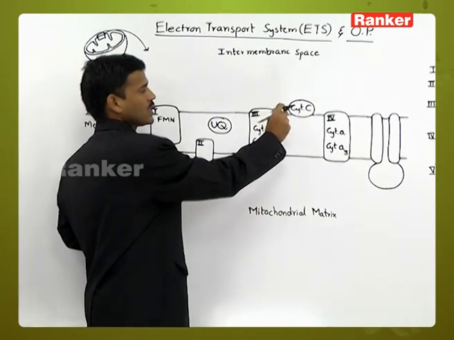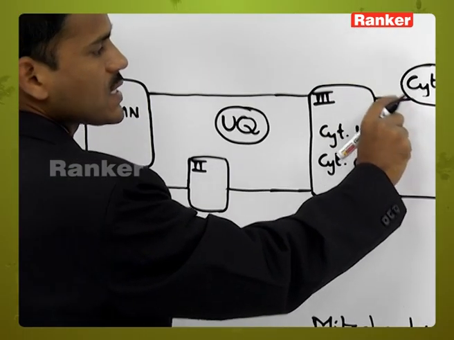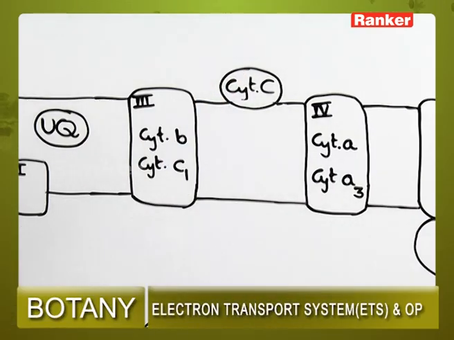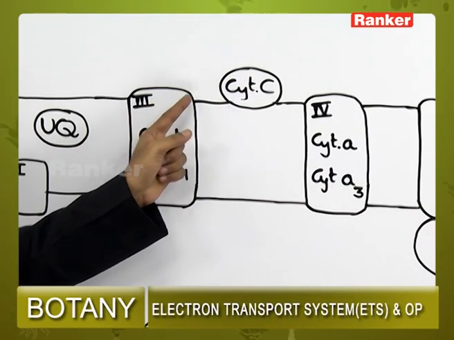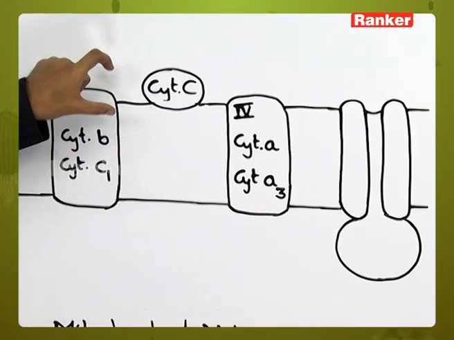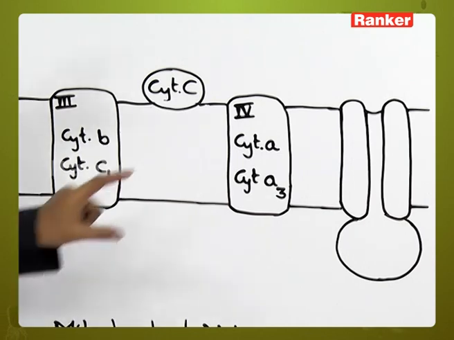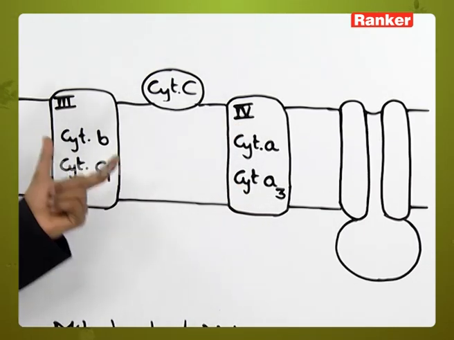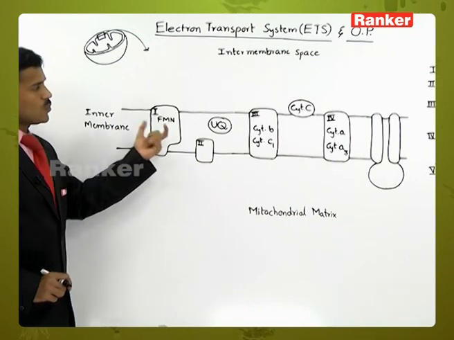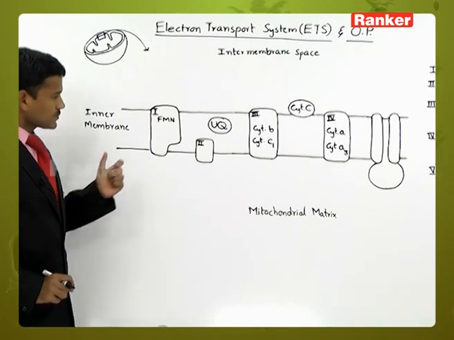Cytochrome C is also mobile, attached on the membrane and exposed only to the intermembrane space, moving along the membrane on the outside. So 4 complexes are involved in the electron transport system, along with 2 mobile electron carriers.